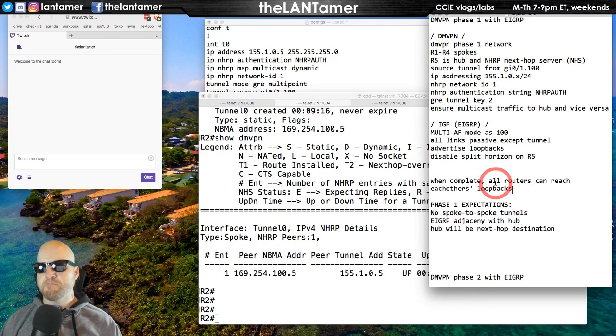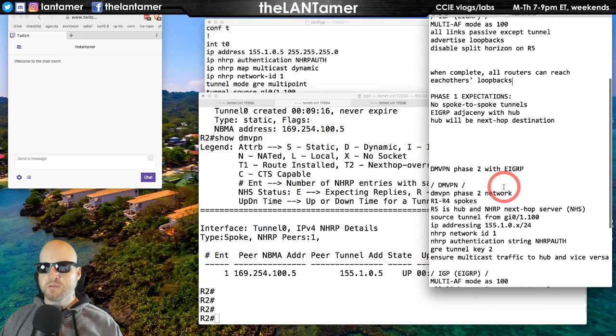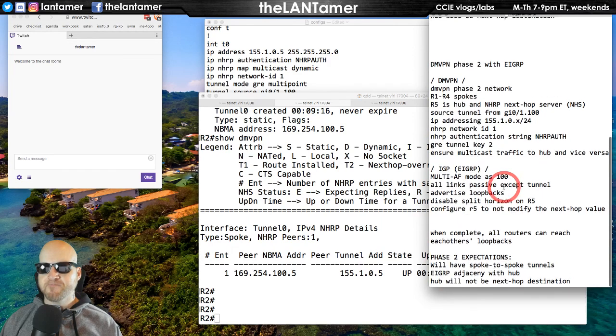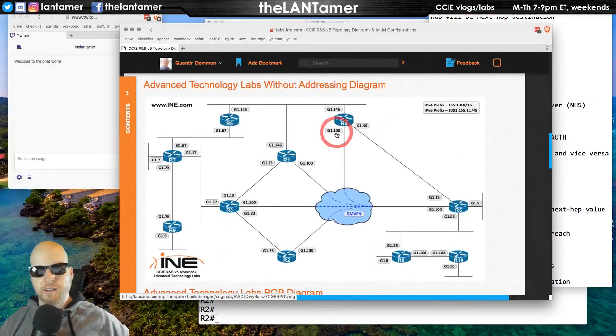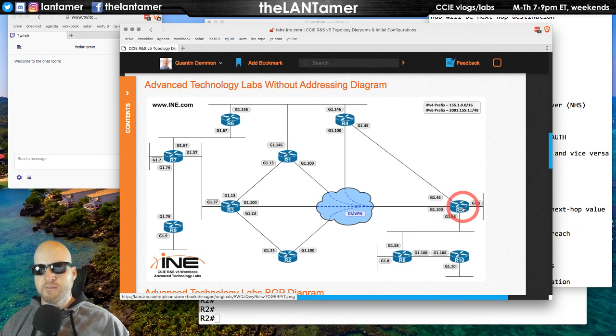That is phase 1. What is the difference between phase 1 and phase 2? Well, with phase 2, we can now do spoke to spoke tunnels, which means that even if physically the traffic has to pass through this link, router 5, it's not destined for him.